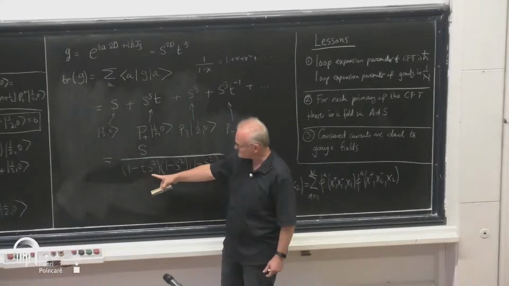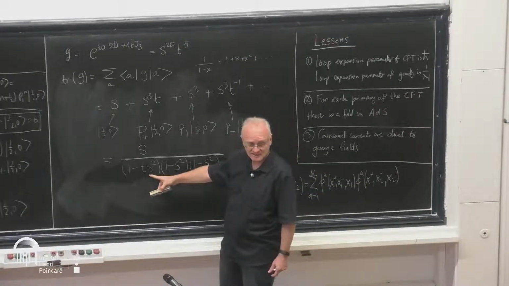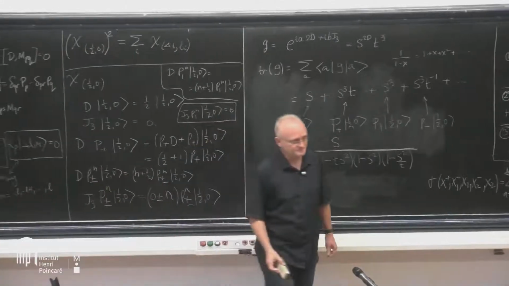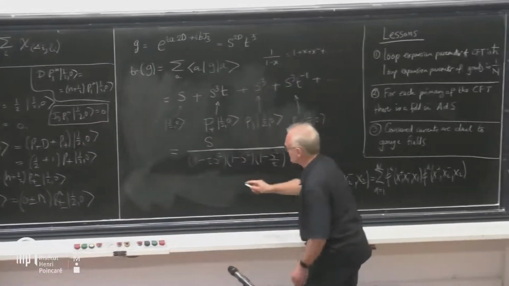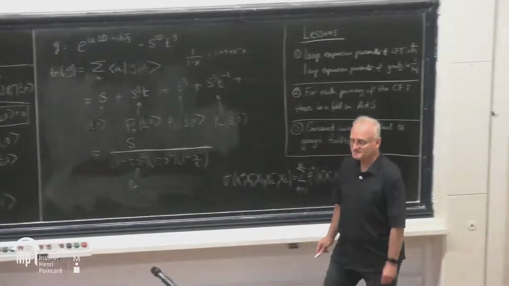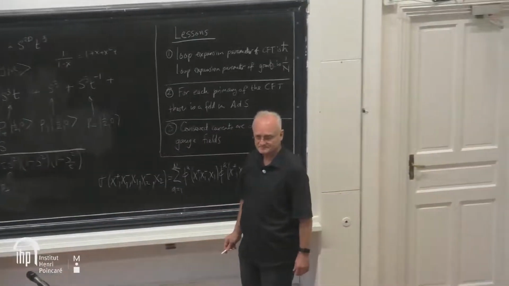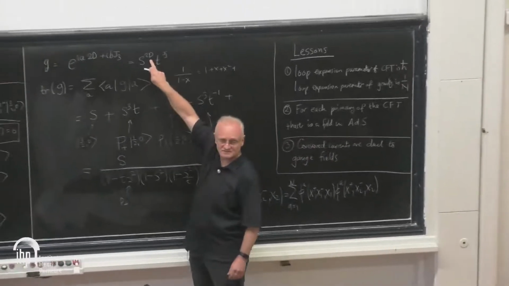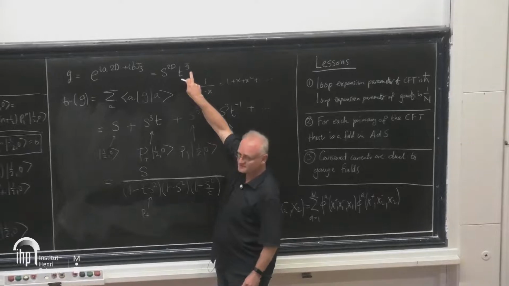But the thing that increases the dimension by 1 and J3 by 1 is P plus. So this thing carries the quantum numbers of P plus. This thing is an S squared, so it's got D equal to 1 and J3 equal to 0.